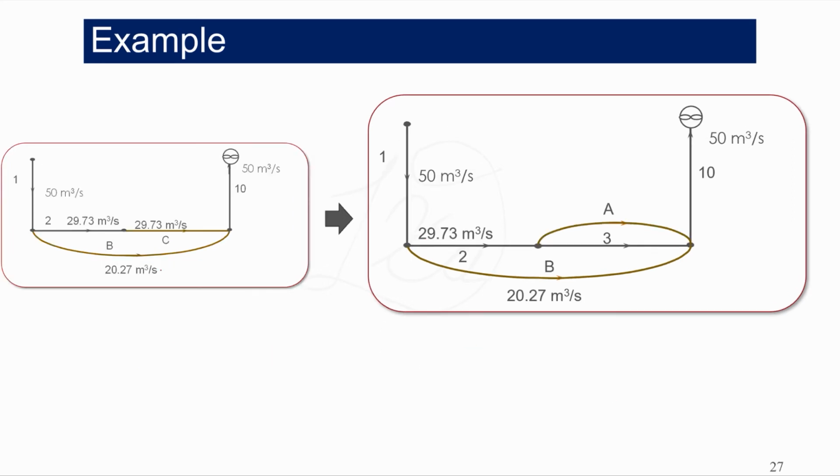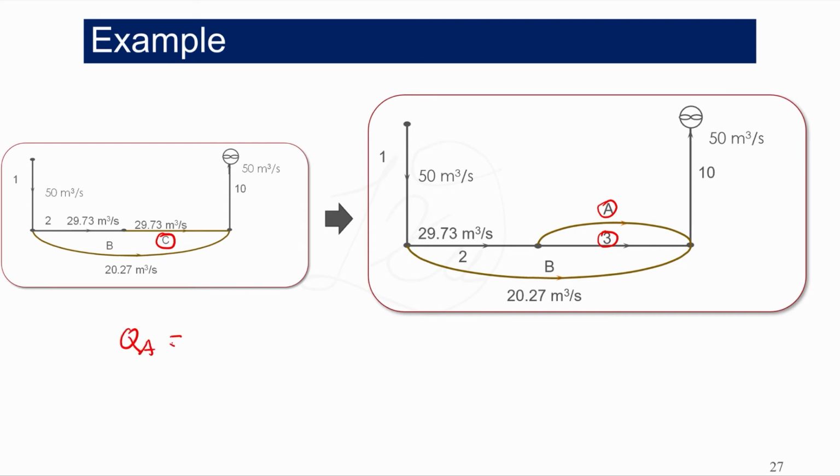Moving backward one more time, we can see that airway C came from airway A and airway 3. Airway A and airway 3 are in parallel. Therefore, the air quantity flowing in them can be solved by using the quantity divider rule.